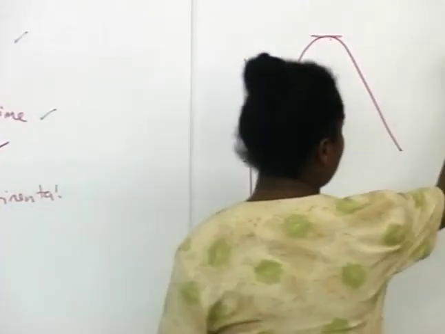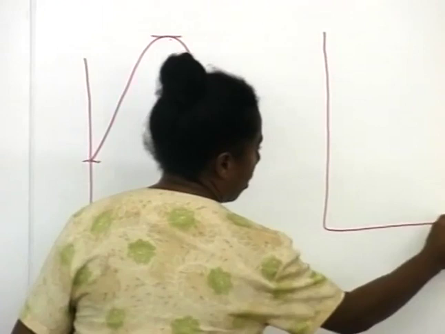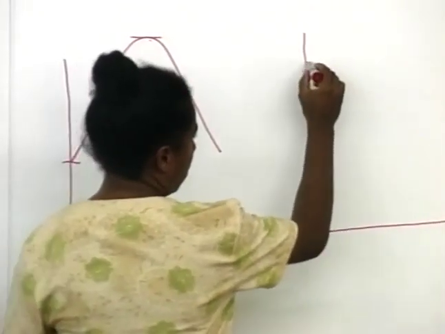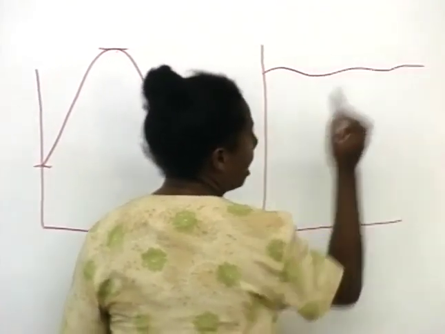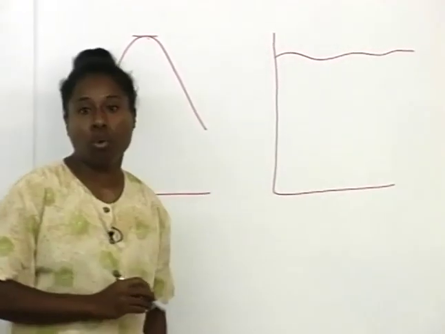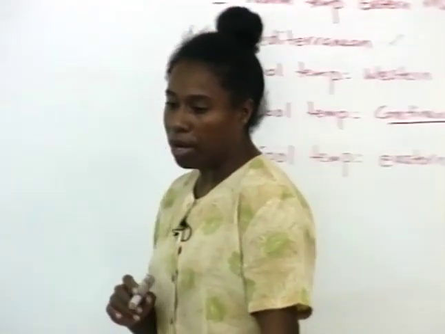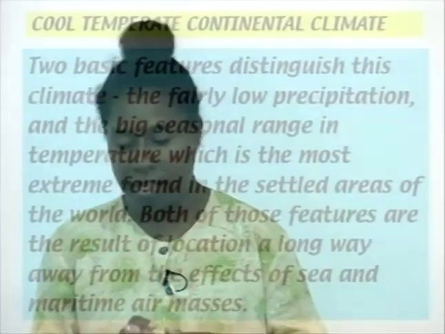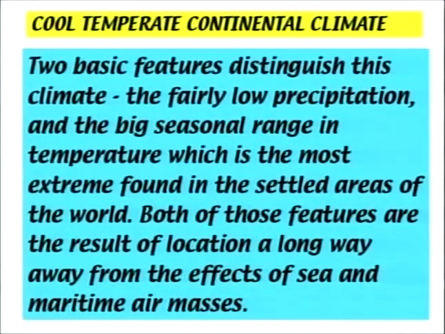Whereas if you are looking at the tropical region, you will find that there is very little variation between the highest and the lowest temperature. So when we talk about the seasonal range in temperature, in such a climatic type the seasonal range is very big. And you can also identify this by looking at their climograph.